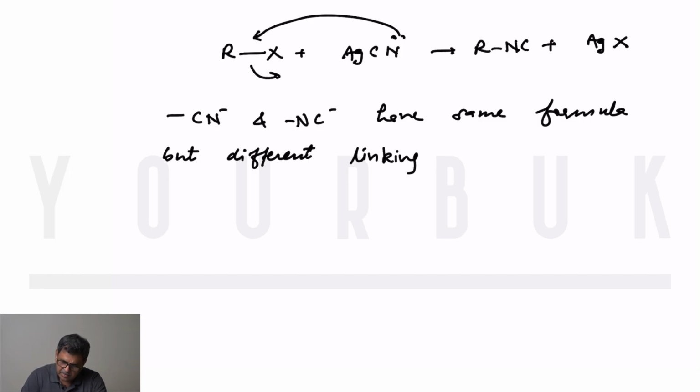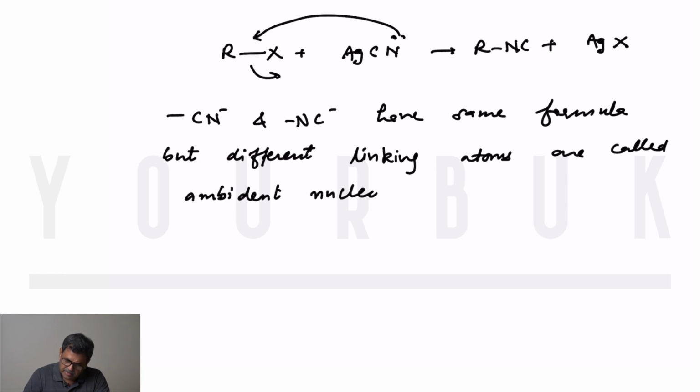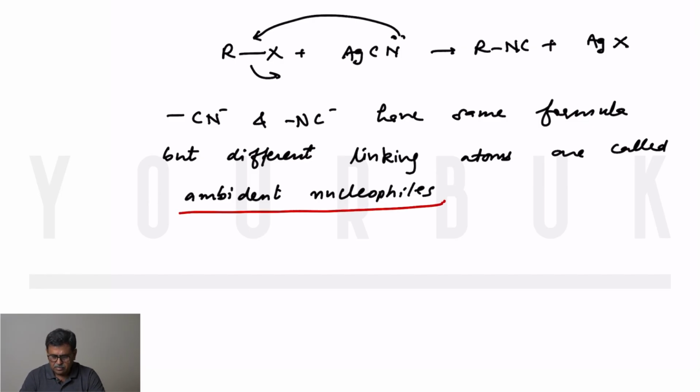Groups with different linking atoms are called ambident nucleophiles. I can use my left hand, I can use my right hand also. Ambident nucleophiles. Ambident groups also you can write. Ambident nucleophiles or ambident groups.